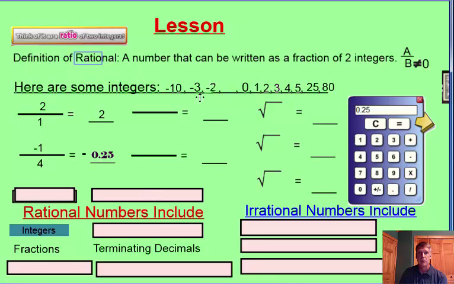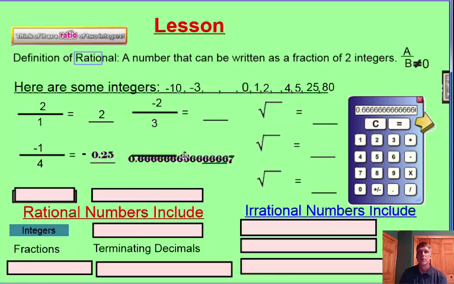All right, let's look at another one. Let's look at negative 2/3. Now, again, it's a fraction, which follows right along, but let's look at the decimal of negative 2/3. So if I take 2 divided by 3, I'm going to get 0.6666, and as you know, that's 6 repeating.